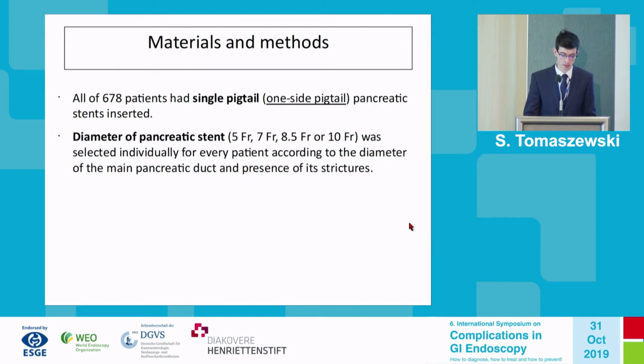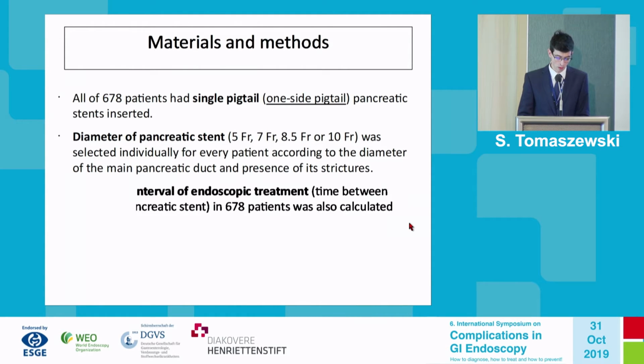The diameter of the pancreatic stent was 5, 7, 8.5, or 10 French, and it was selected individually for every patient according to the diameter of the main pancreatic duct or the presence of strictures in the duct.